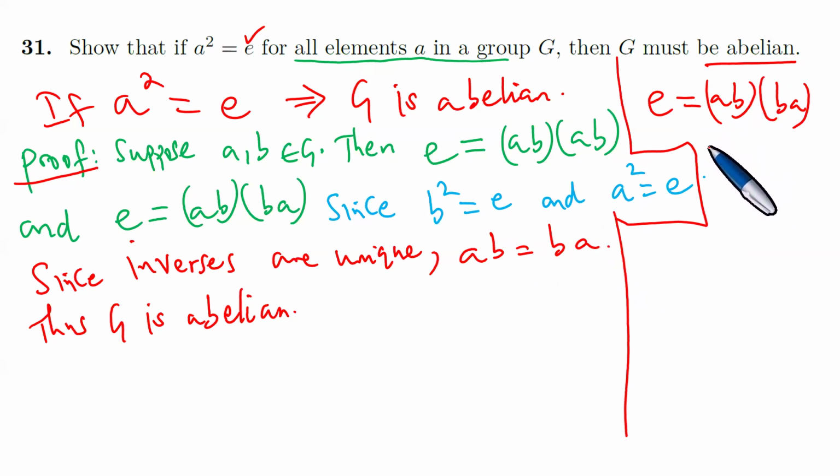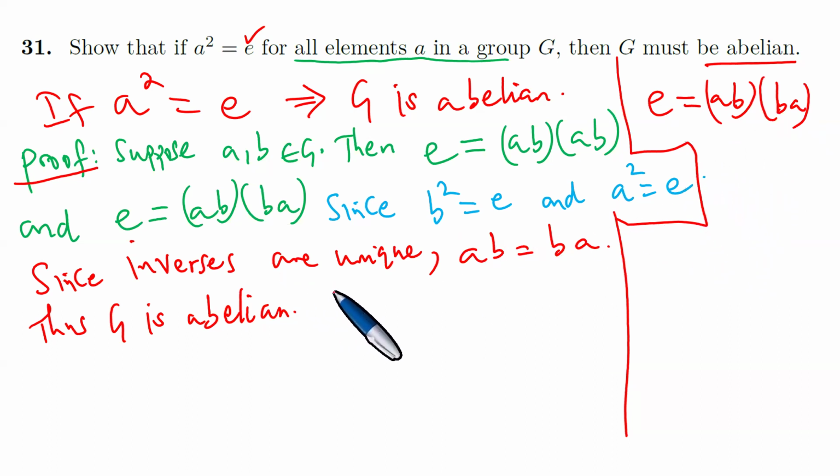So let us explore these things here. So in the end, if E is AB, BA, what else can we do here, mathematically speaking?